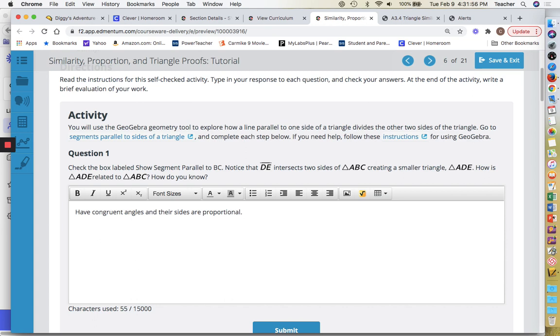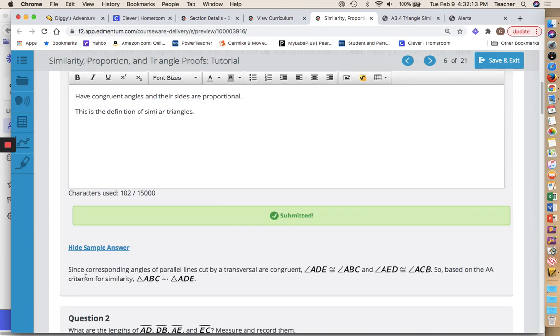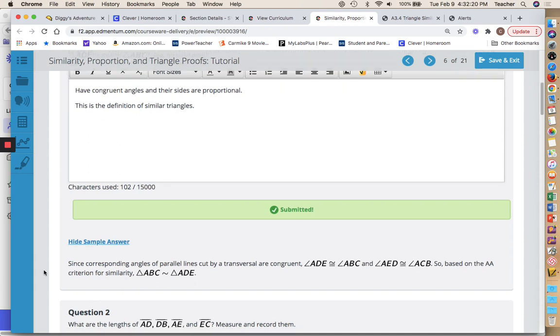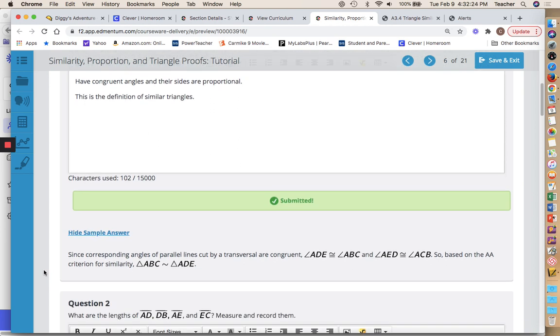That's the definition. Both sides going transversal. Yeah, so similar. No, that's not what they asked. All right, I'll go with it.